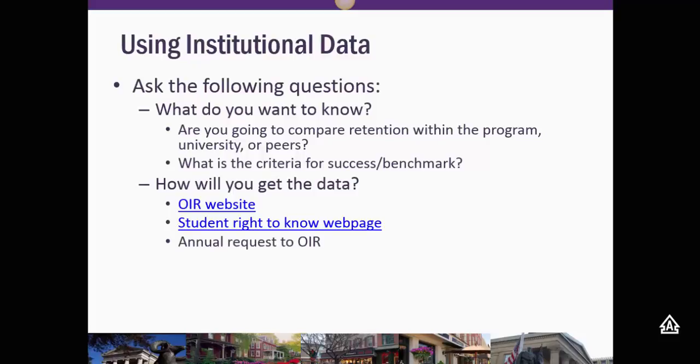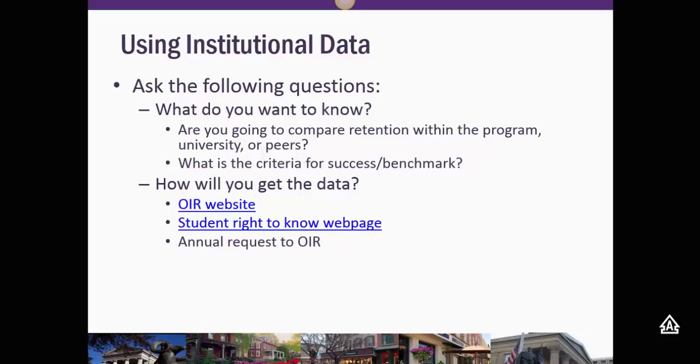The next question you want to ask yourself is, how will you get the data? Will you use your Office of Institutional Research website, or will you use the Student Right to Know webpage? If you're not familiar with the Student Right to Know webpage, as a result of the Higher Education Authorization Act, all institutions are to have a Student Right to Know webpage.